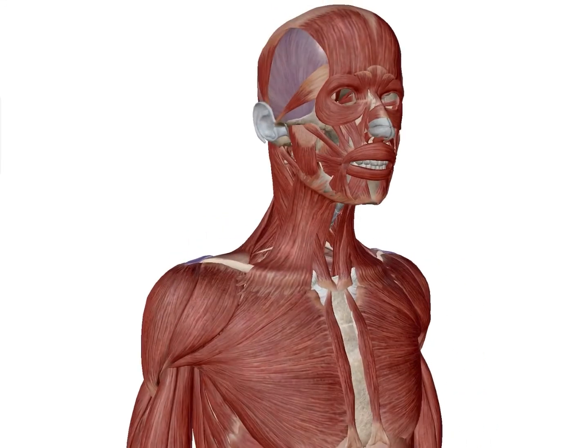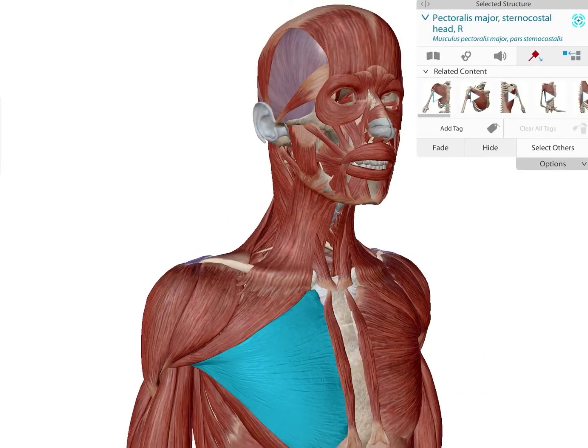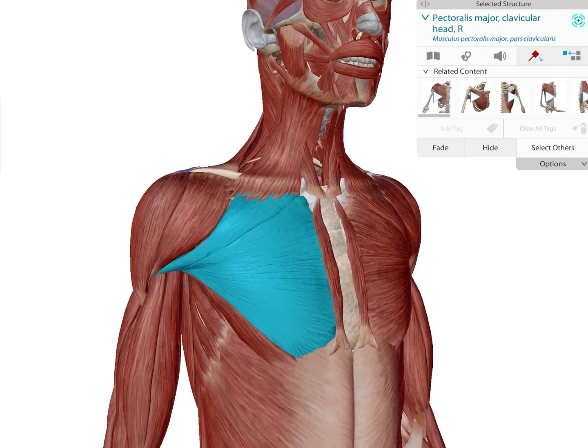The first muscle we're going to consider is the pectoralis major. Now, these are actually the sternocostal fibers. The pectoralis major also has clavicular fibers and aponeurotic fibers that arise from the external oblique aponeurosis. Try to understand that the function of the clavicular fibers, the sternocostal fibers, as well as the aponeurotic fibers is the same in certain instances, but in certain other instances, the functions are slightly different.